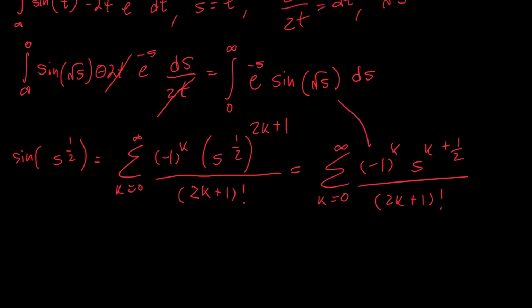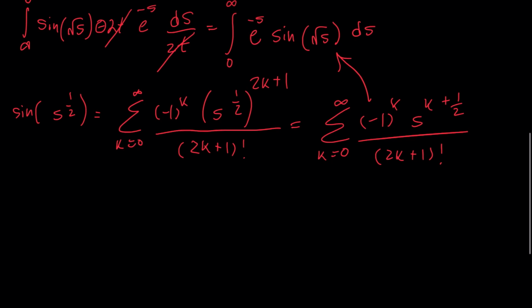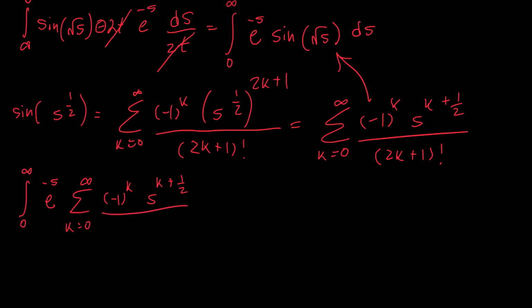So now plugging this in here, we're going to have the integral from 0 to infinity of e to the negative s times the sum from 0 to infinity, negative 1 to the k, s to the k plus a half over 2k plus 1 factorial ds.